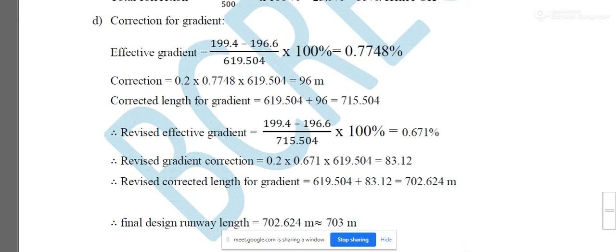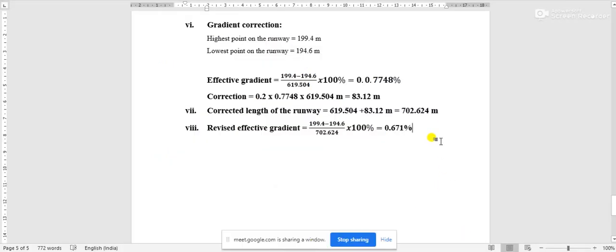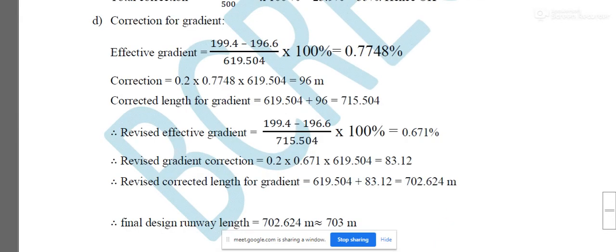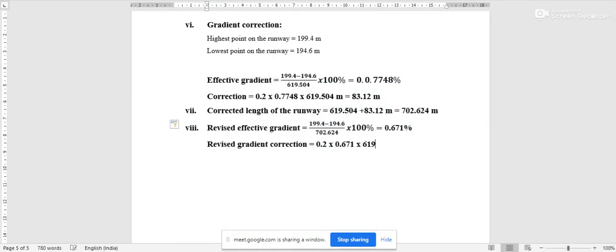And after that, revised gradient correction is equals to 0.2 multiplied by 0.671 multiplied by 619.504, and that is equals to this much of meter.